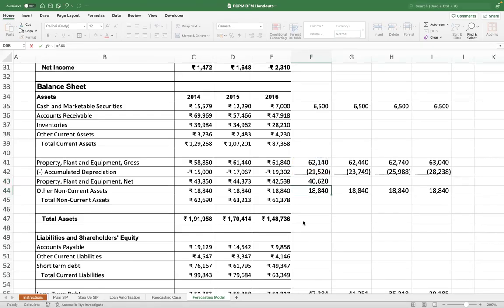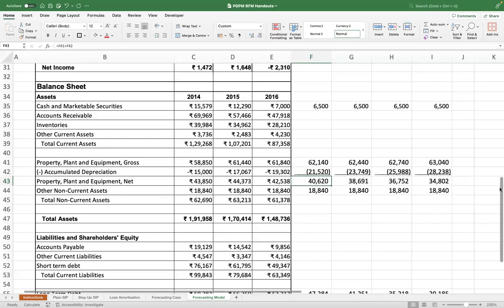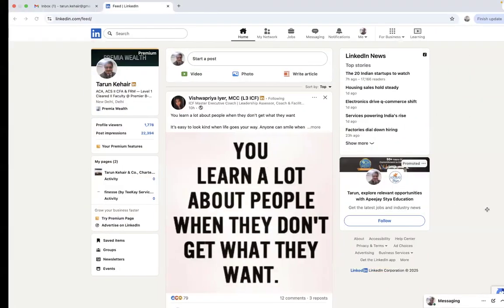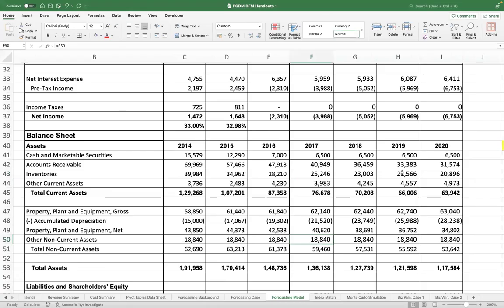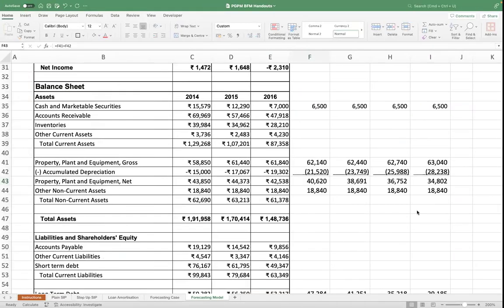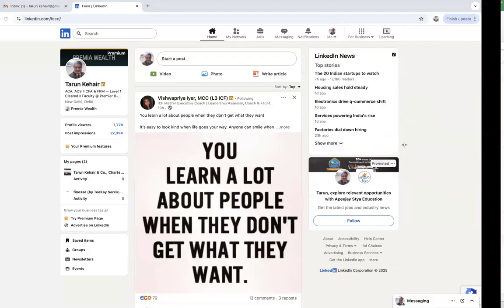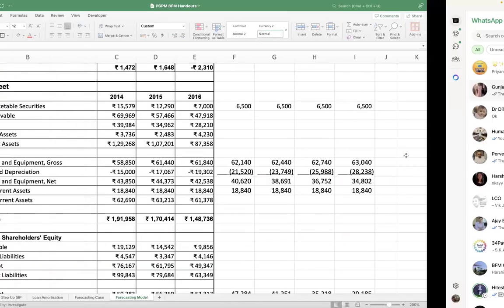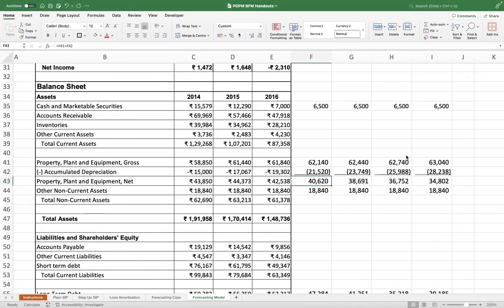So your net, now Aishwarya, see next part. Your gross block plus the accumulated depreciation, because it is already in negative, will give you your net block. Basically, what is depreciation? Wear and tear. So whatever wear and tear cost has happened, we reduce it from the original cost to get the net value. That's why it is in negative. So these should be your PP net figures: 40620, 38691, 36752, and 34802. Please check.